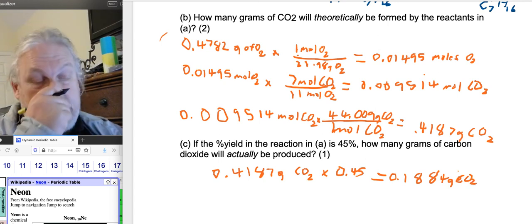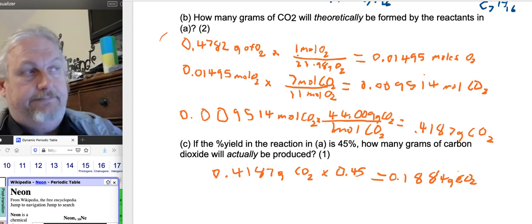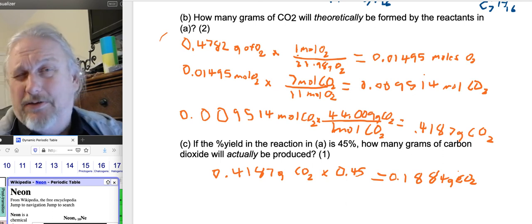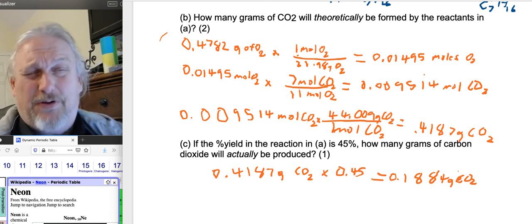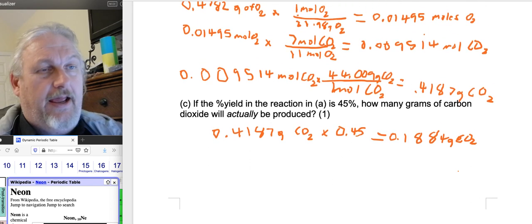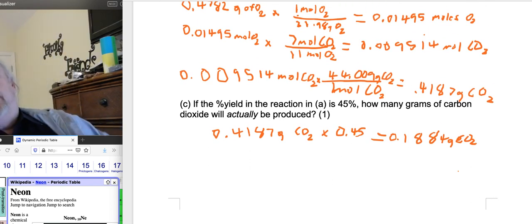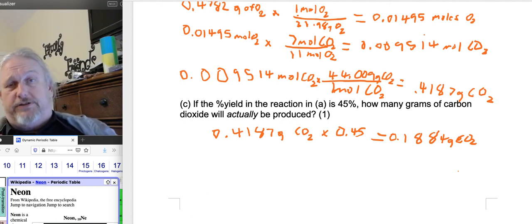Some questions to ask: why is the yield only 45%? What happened to all that other carbon dioxide? Those are questions you guys need to be thinking about as we move on. But you see that C is not a very hard question.